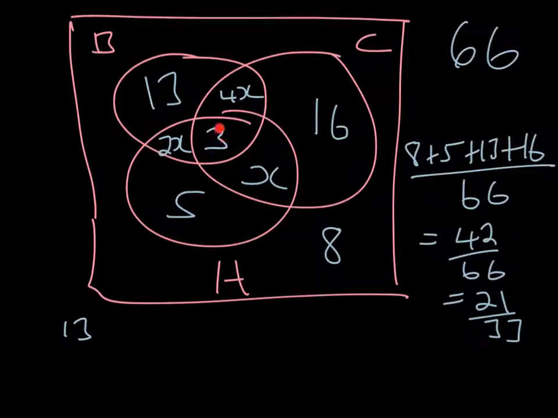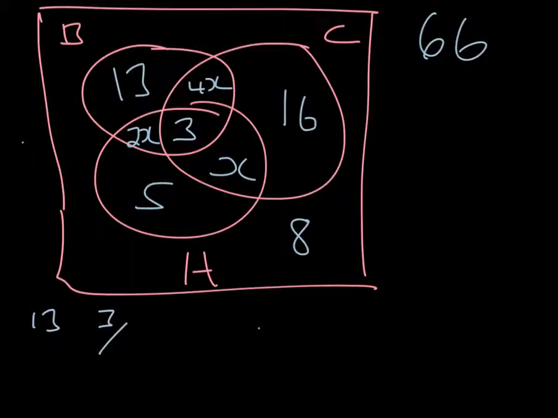There'd be 3 people who did the boat, the helicopter, and the coach. So our probability would be 3 out of the total for everyone in this section here, which would be 2 times x, and we've said previously that x is 3. So the probability would be 3 out of this whole region here, which would be 9, and we can simplify that down to a third.